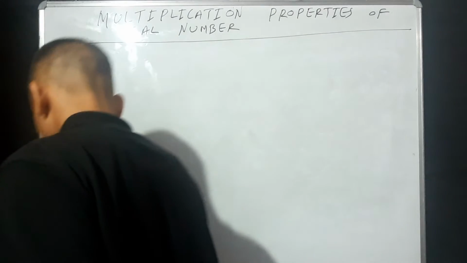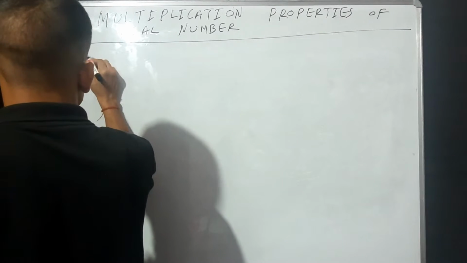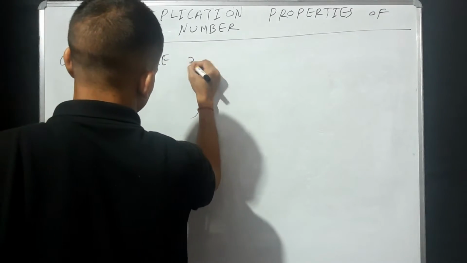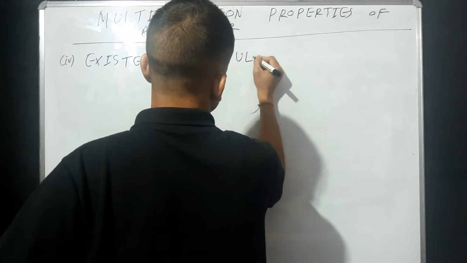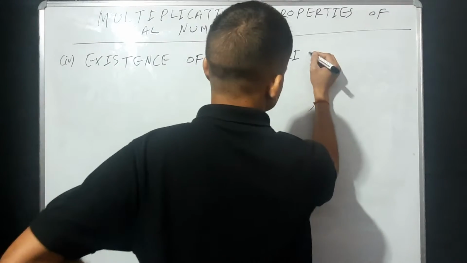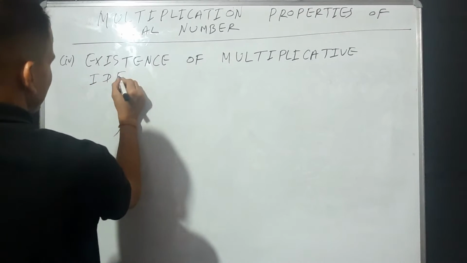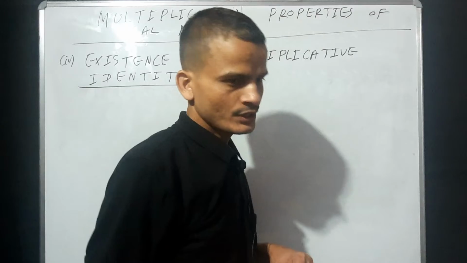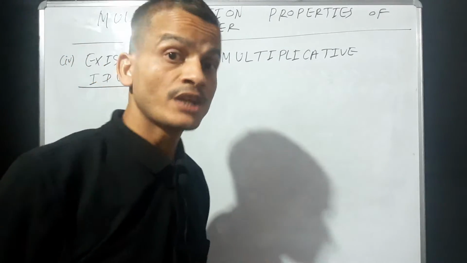It means that when we multiply with a real number, we get the same real number.